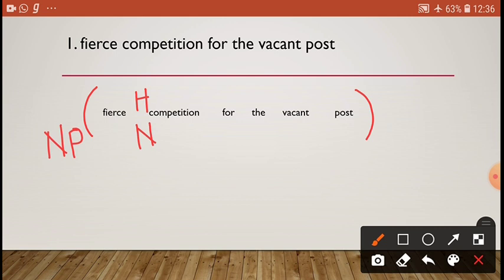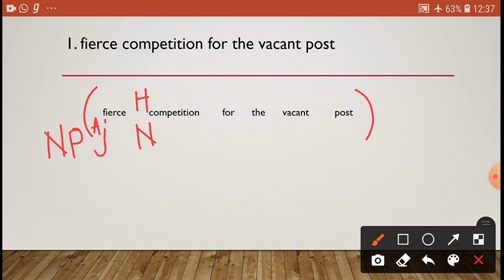Now, we have to give the labels to the other words. Can you identify the form of the word fierce? Fierce competition. See, fierce is giving more information about competition, and that is why it is adjective.